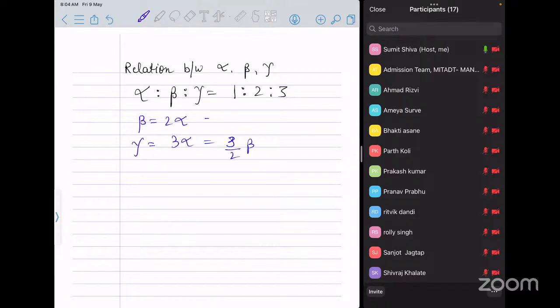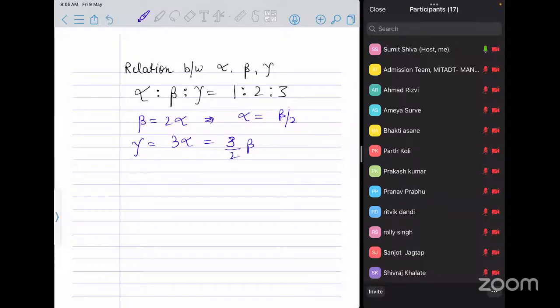From the above expression, if you will find out alpha, this will be beta/2. And by putting alpha in gamma equals 3 alpha, you will get 3/2 beta. So these are the relations between alpha, beta, and gamma.